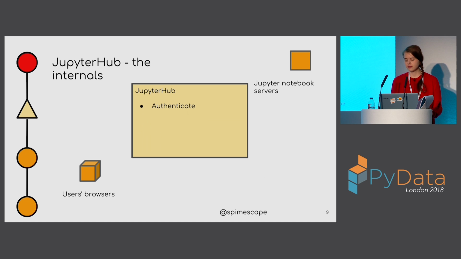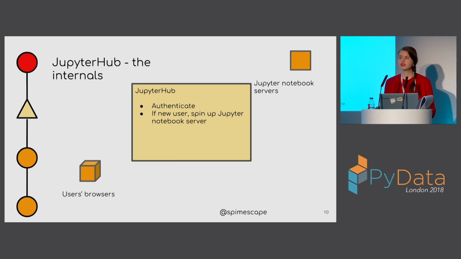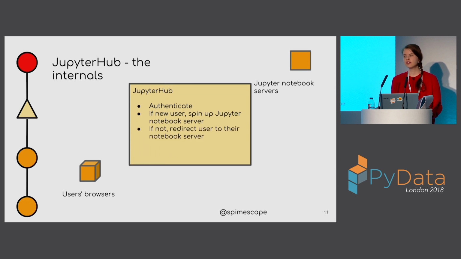So authentication. Then we have to check if this user who's trying to connect is a new user. If she is a new user, then we spin up a new Jupyter Notebook server and redirect her to that server. If the user already has a running Jupyter Notebook server, then we have to make sure that her requests are redirected to that server.